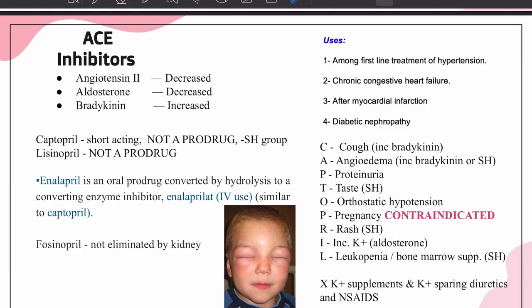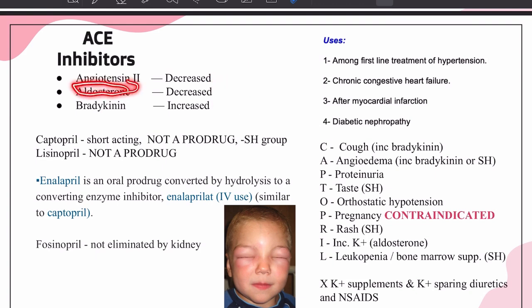But other than the decrease in angiotensin and aldosterone, I will have an increase in bradykinin, and we just went over this. This will propagate side effects. This will help in decreasing the peripheral resistance, but also at the same time, it will have negative effects.